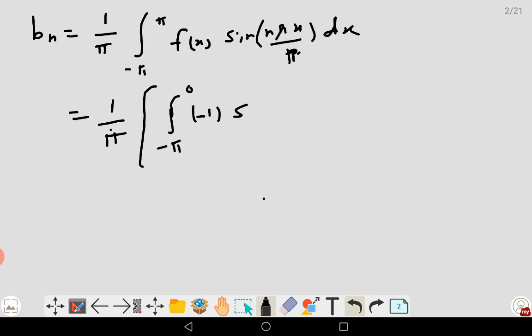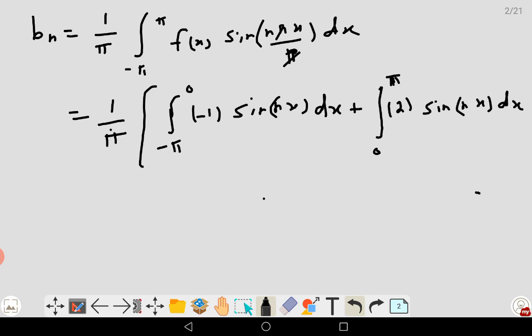Pi and pi can be cancelled in sine. You will get sine nx dx, plus integral 0 to pi, f of x is 2, sine nx dx.